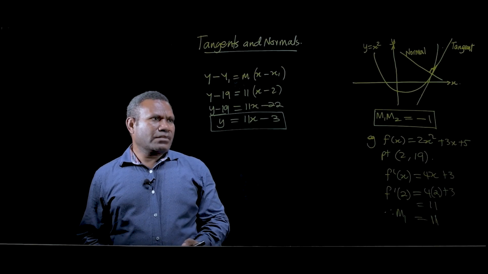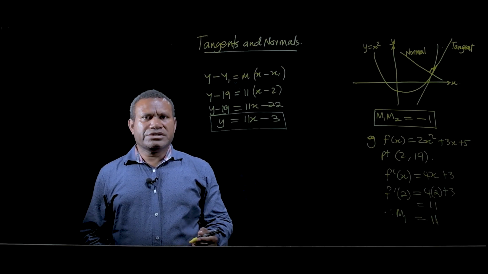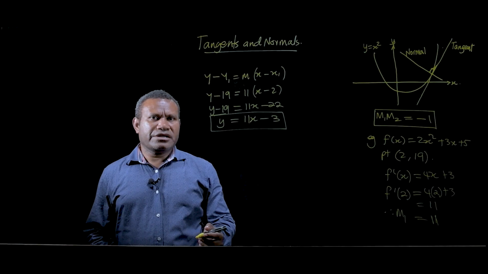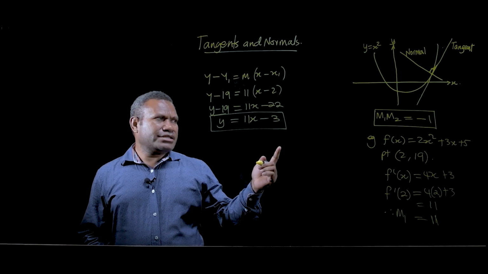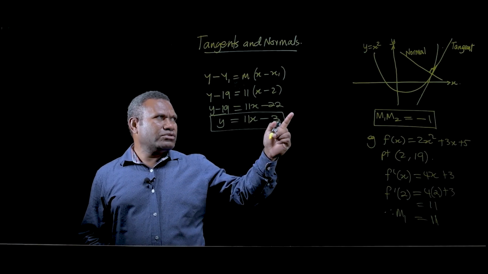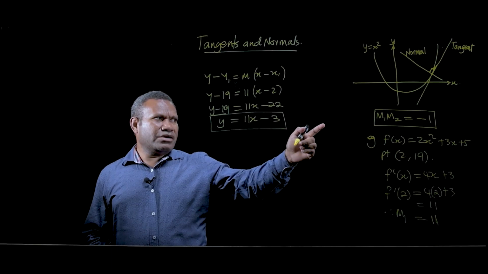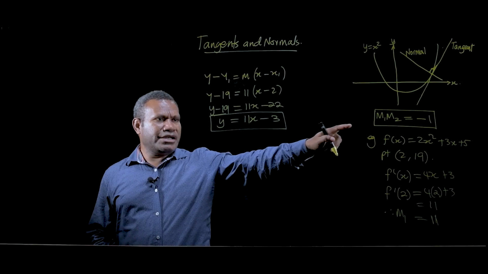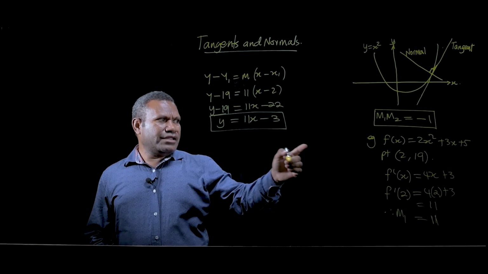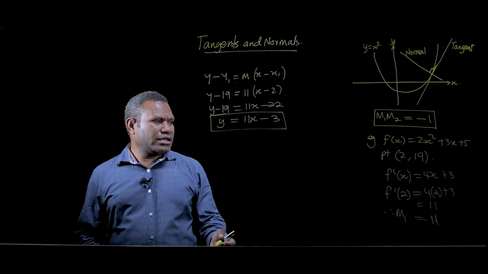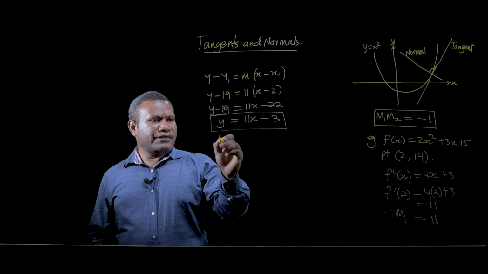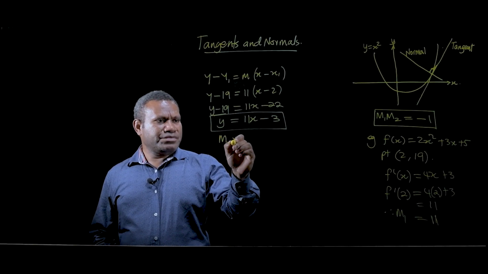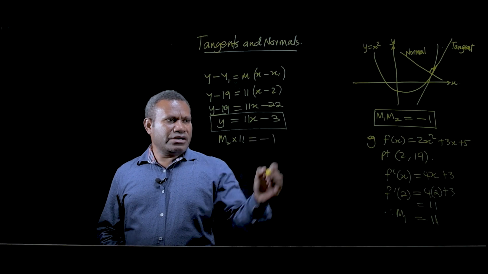Now let's look at how to determine the gradient of a normal line. Again, the normal is a line that is perpendicular to the tangent, and the relationship is, as we have seen, m1 times m2 gives us negative 1. Substituting the gradient 11, m2 multiplied by 11 is equal to negative 1.